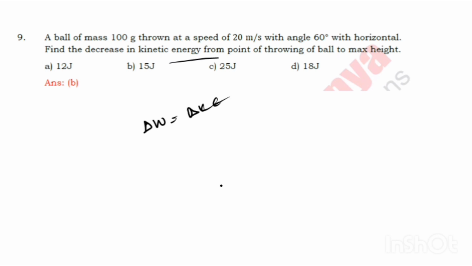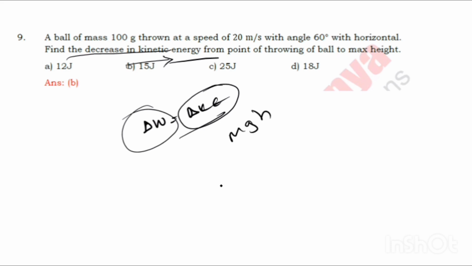Here we want to find the decrease in kinetic energy, that is the change in kinetic energy. So work done is change in kinetic energy. Work done here is work done by gravity, that is mgh at maximum height, right? We want work done at maximum height.